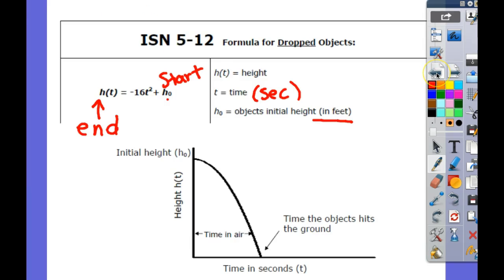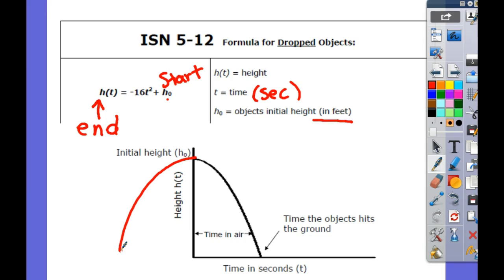Oh, and since t squared makes it quadratic, it's going to have the shape of a parabola. But where is the other half of my parabola? Why is that half of my parabola cut off of my picture there for the graph?